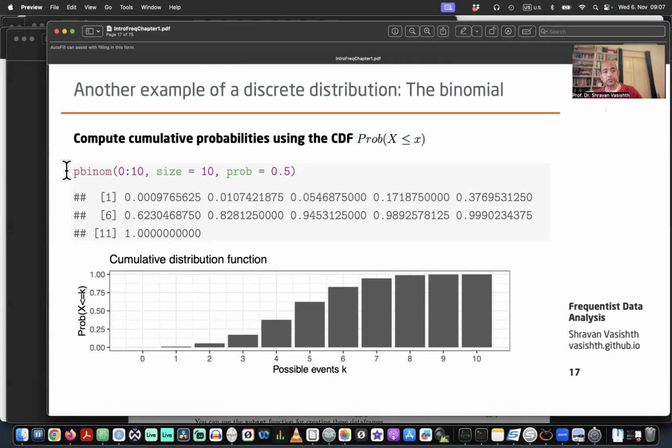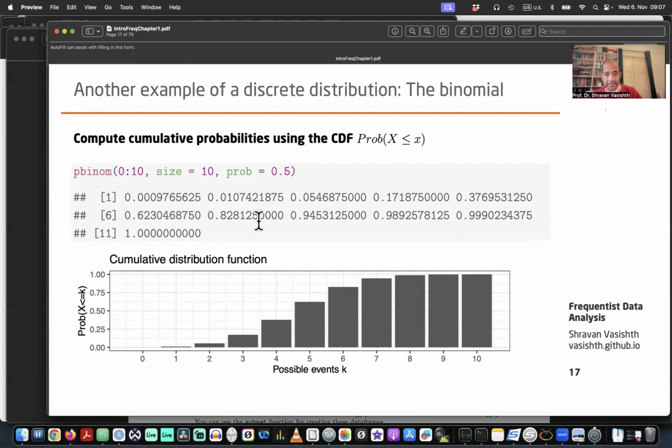That is computed using the p family of functions, as I showed with the Bernoulli earlier, right? And now you see the relevance of the p family, because now I can ask for the cumulative probability of observing any of the possible things that could happen. That's in the support of X, right? For an experiment with size n and probability of success 0.5.